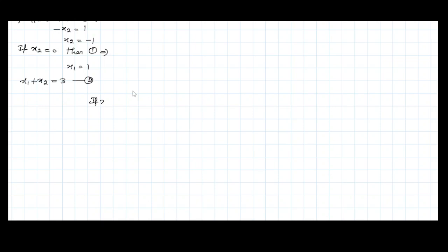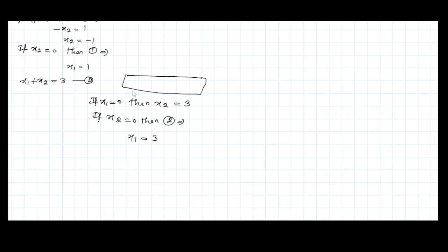If x1 equal to 0, then x2 equal to 3. If x2 equal to 0, then x1 equal to 3. Therefore, related to this equation number 2, 0 comma 3 is a point and 3 comma 0 is another point on the line.